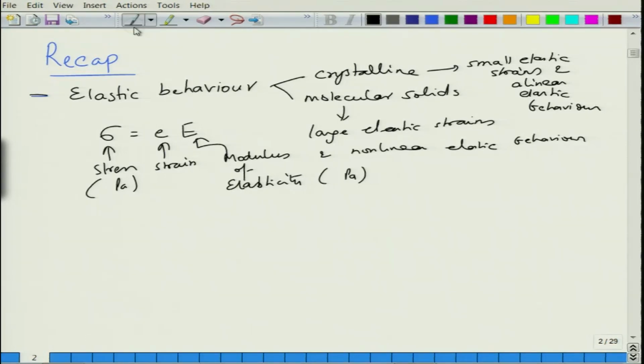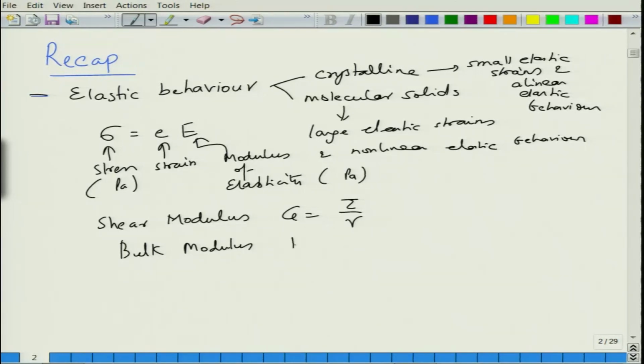There were a few other quantities. This is Young's modulus, then we have the shear modulus, G is equal to tau divided by gamma. Then we have the bulk modulus K, related to hydrostatic stress, equal to sigma hydrostatic divided by delta V divided by V naught, that is, hydrostatic stress divided by fractional volume change.